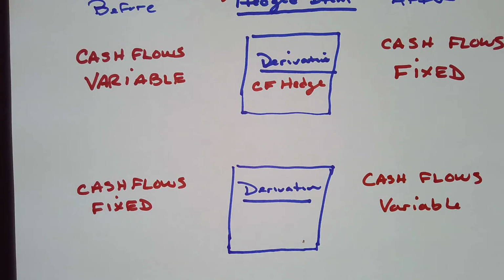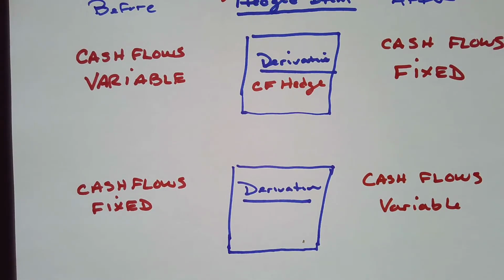Another way to look at it is, say I've got a fixed income instrument where I'm only going to get paid this set rate of interest each and every time. I'm concerned that if rates all of a sudden go up, then the fair value of this investment is going to go down.